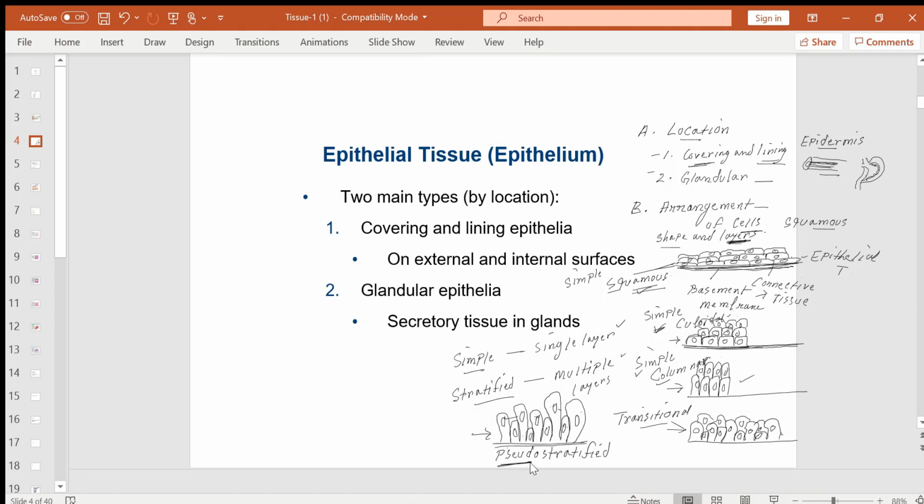Pseudostratified columnar, right? Columnar epithelium. In many cases we see in pseudostratified columnar, the upper free end of the cells have soft hair-like structures called cilia. Okay, so these are hair-like structures called what?